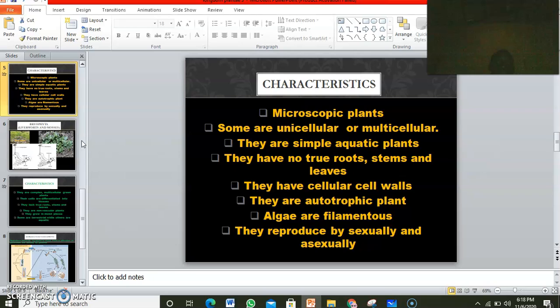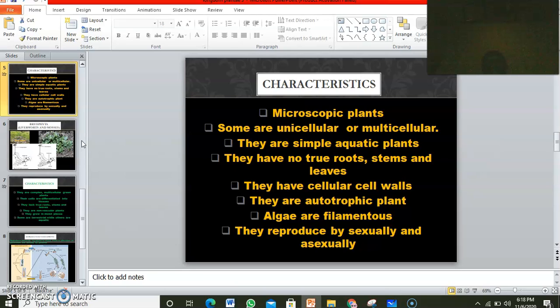So they are multicellular plant organisms. They are also simple aquatic plants, which means they are not complex as such. They are very simple, easy to distinguish, easy to study. They have no true roots, stem, and leaves.